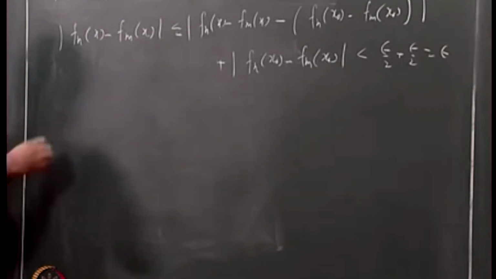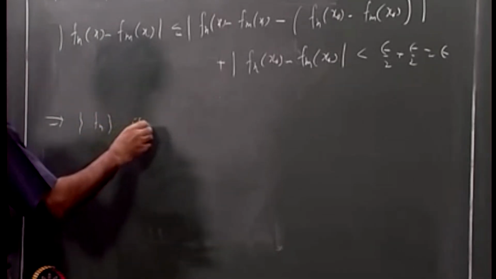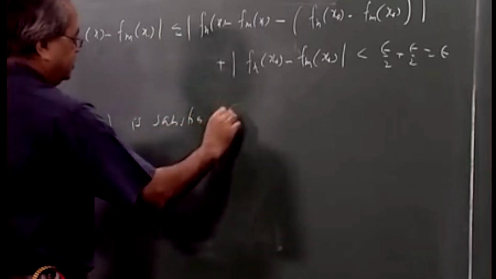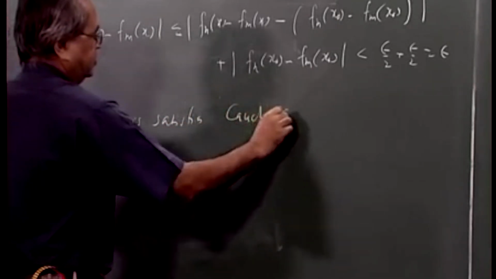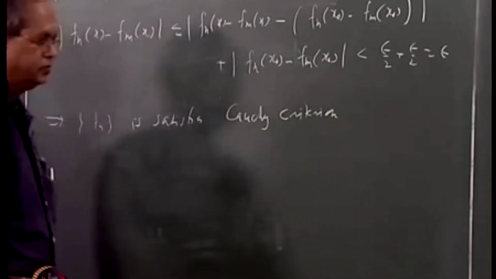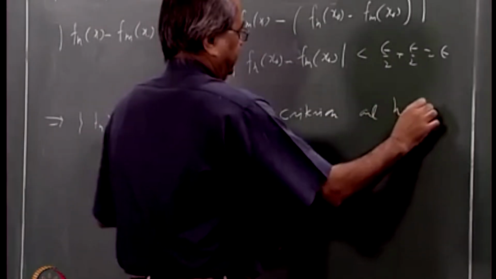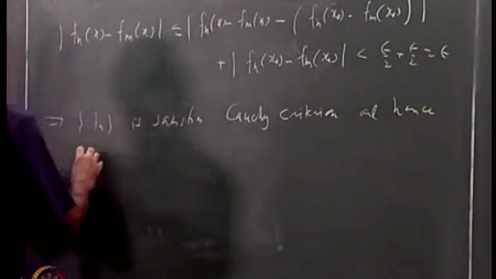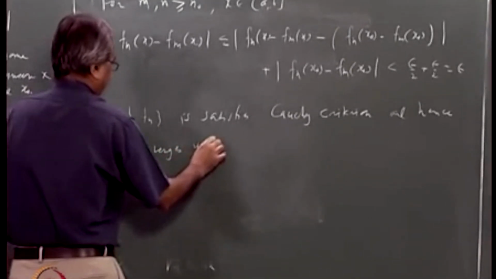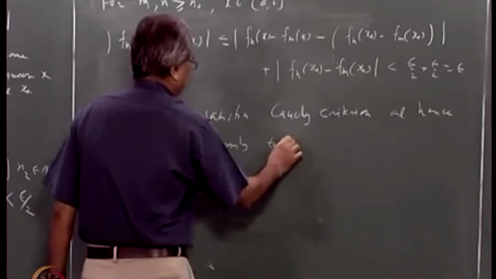So this implies that fn is uniformly Cauchy, or fn satisfies the Cauchy criteria, and hence converges uniformly to, let us say, some f.